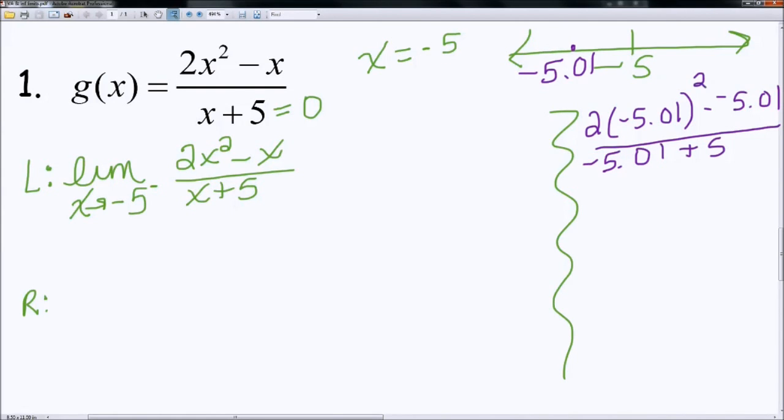Sorry, forgot about the squared. So if I look at my numerator, this is going to turn out to be a plus, and this turns plus. And if I square a negative, I'm going to get a positive.